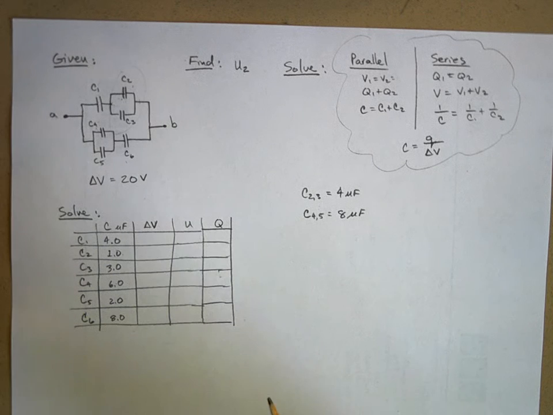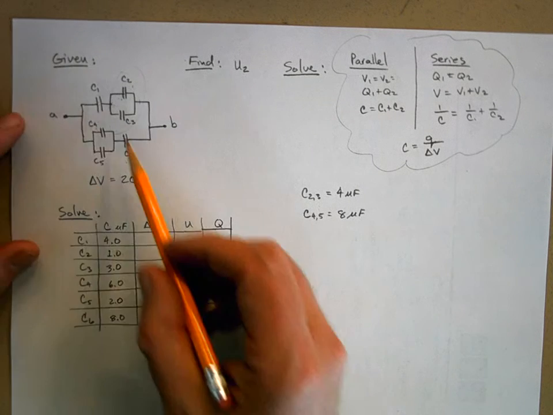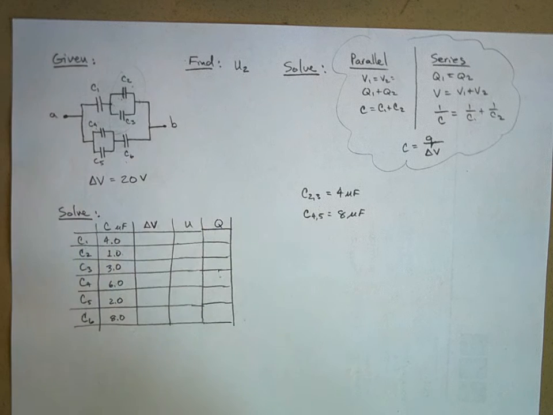Now I redraw the circuit. Now that I've broken this down, I don't see anything in here that's in series yet. That's just two capacitors in series. So I take the time to redraw the circuit.